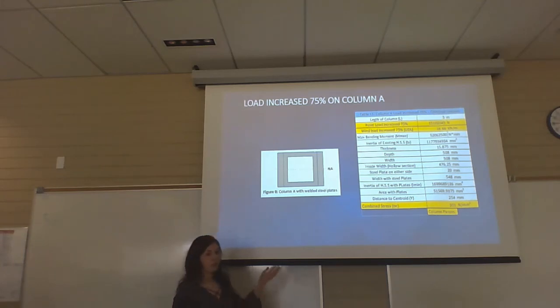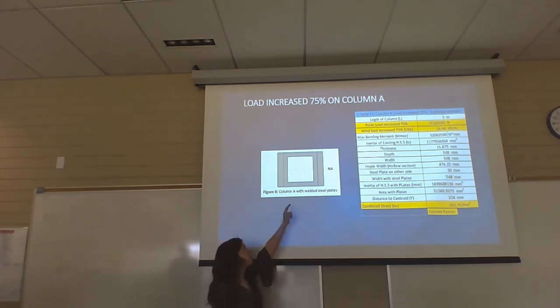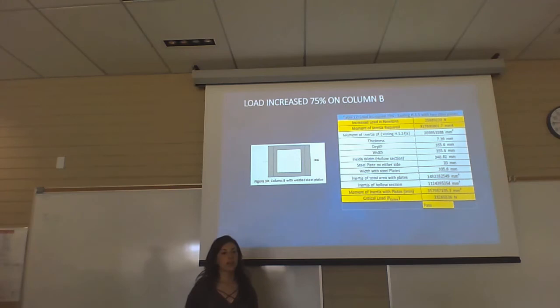To solve for the new inertia of the column with the added steel plates, you just took the inertia of the outside, so bh cubed over 12 of the outside, minus the inertia of the inside. That gives the new total inertia, which was analyzed, and it was sufficient to hold the vertical load and the combined stresses.